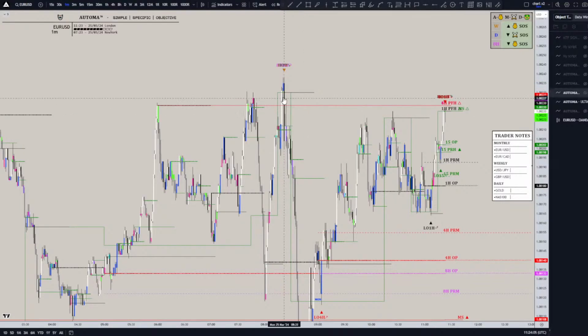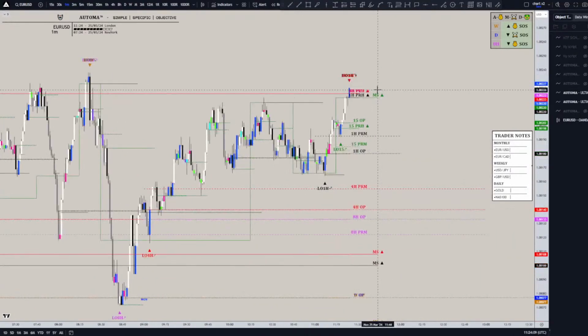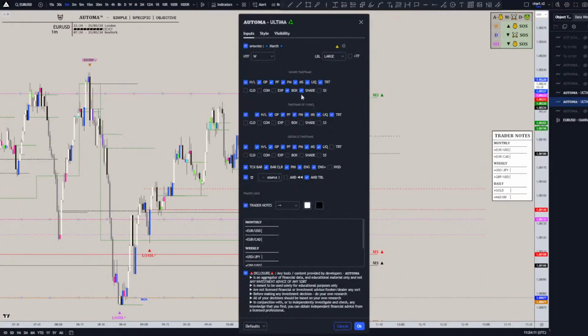I don't see the new tables on my indicator. Is it? Yeah, it should be. It should be Automa, Ultima backtesting, like the cycling backtesting thing. So yeah, I updated it. You maybe didn't see, and I messaged that I posted it, I think Friday or Saturday. I don't remember.